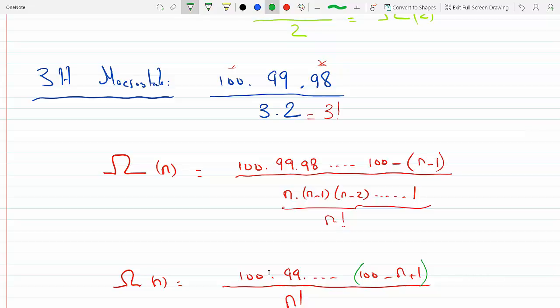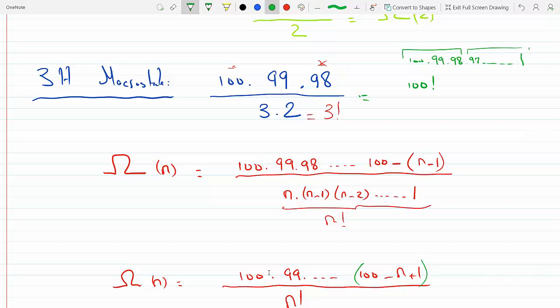In other words, I could write this as 100 factorial, just to show you how I'm going to arrive at the general form. This is 100 factorial, which would be 100 times 99 times 98 times 97 all the way down to 1. However, in my numerator, I only have the first 3.